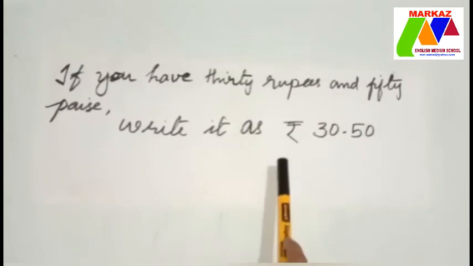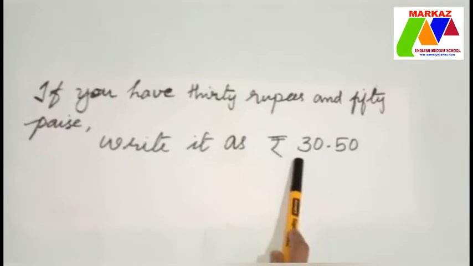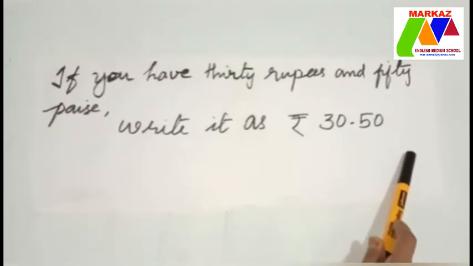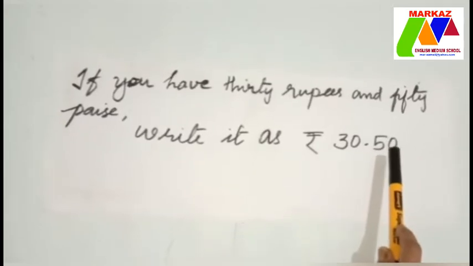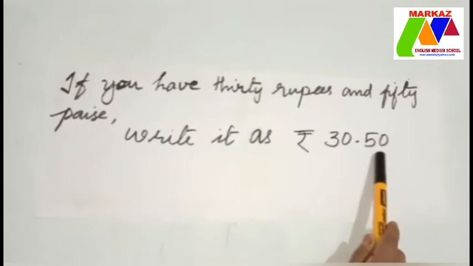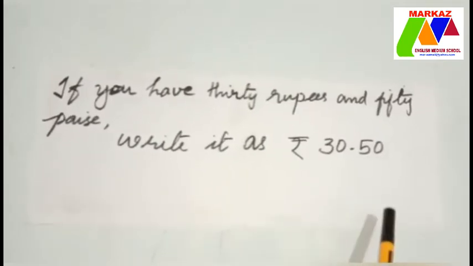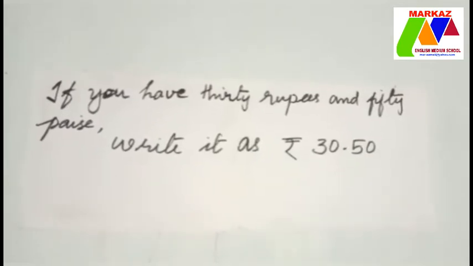The rupees are written to the left of the dot. The paise are written to the right of the dot. Two places are used when writing the paise after the dot. We read this as 30 rupees and 50 paise.